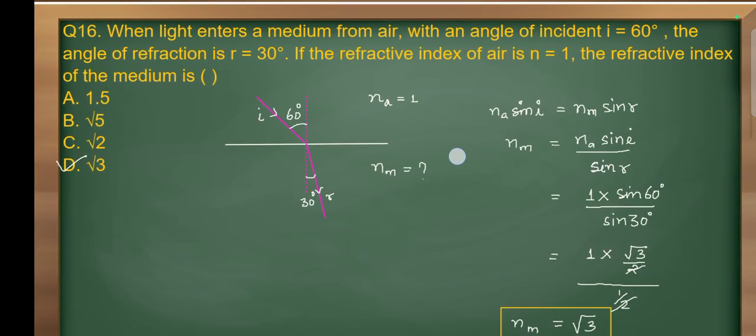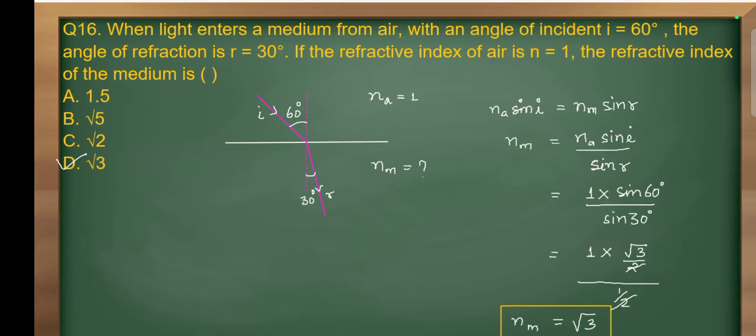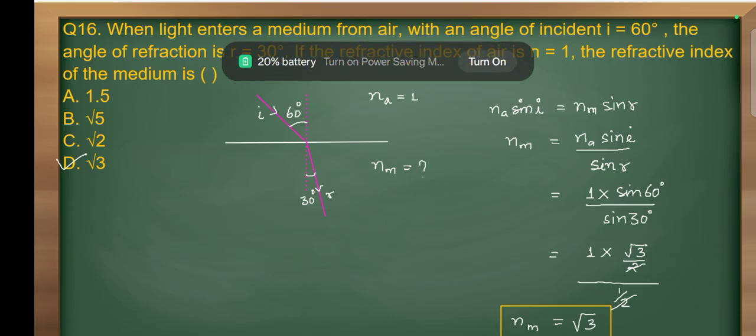Question number 16. When a light enters a medium from air with an angle of incidence i equal to 60 degree and angle of refraction r is 30 degree, if the refractive index of air is 1, the refractive index of medium is... According to Snell's law, we know that n1 sin i is equal to n2 sin r. Here n1 is the refractive index of first medium and n2 is the refractive index of second medium.